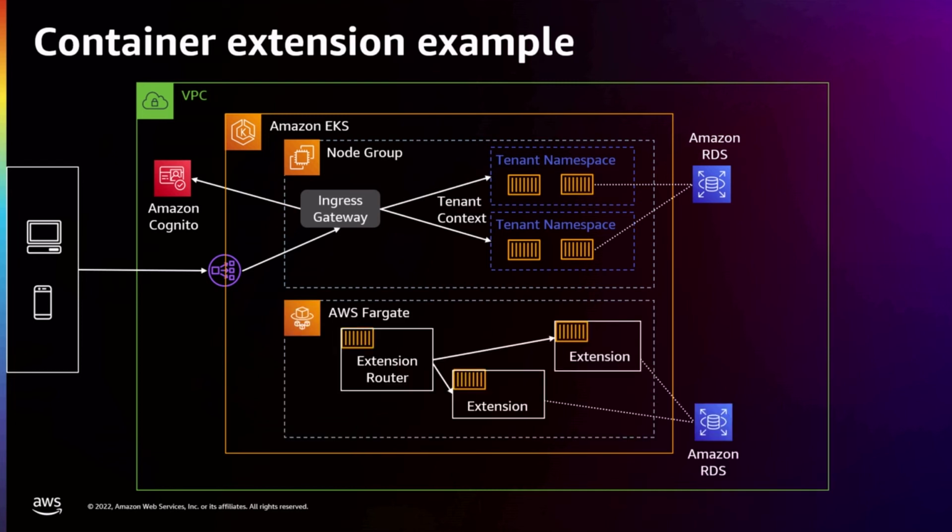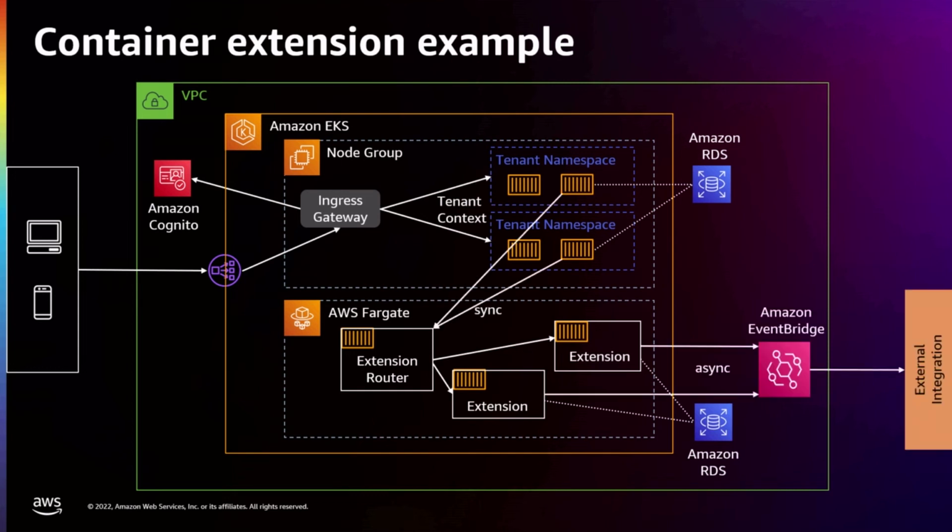And as I've mentioned, I do like Fargate for this. So I've decided to implement our extensions in Fargate, decided we probably need to route these as well. All of the traffic coming from our tenant namespace containers is going to have to go somewhere. But I don't want them to know whether they're going to the extension that supports the travel industry or the one supporting healthcare. I just want them to make a call out and say, give me my roster data. So we've implemented a router here that's going to handle that.